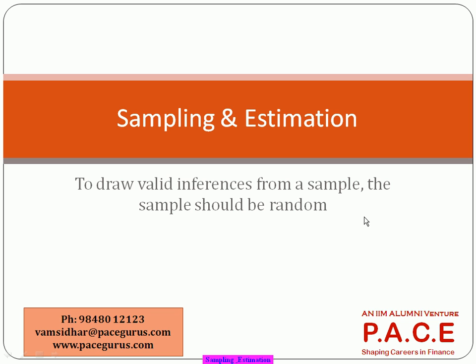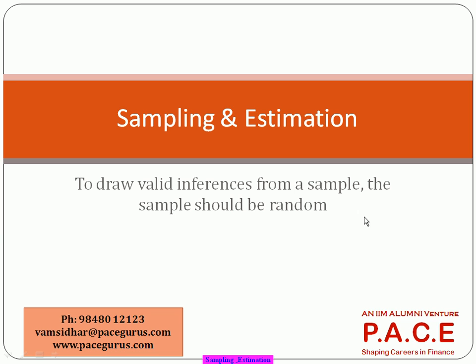Now, the next world goes into how to make some kind of inferences from the data. The most important part of statistics is that with the data, which we typically call a sample of data, how do I make conclusions or interpretations about the complete population?